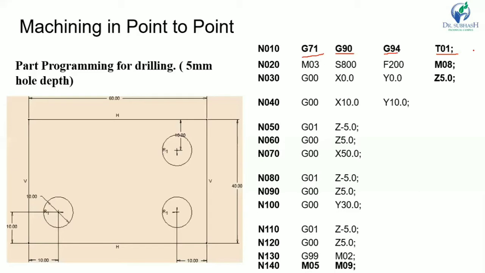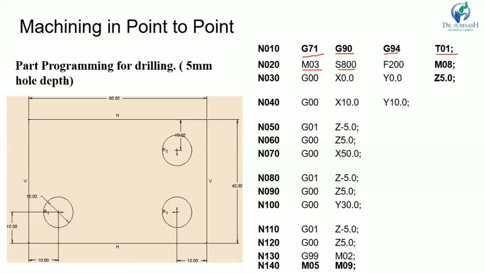Now in the second sequence, that is N020. M03 means the spindle starts clockwise. S800 means the spindle speed is 800 RPM, revolutions per minute.